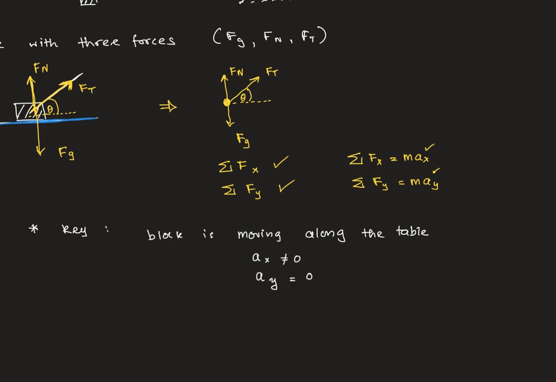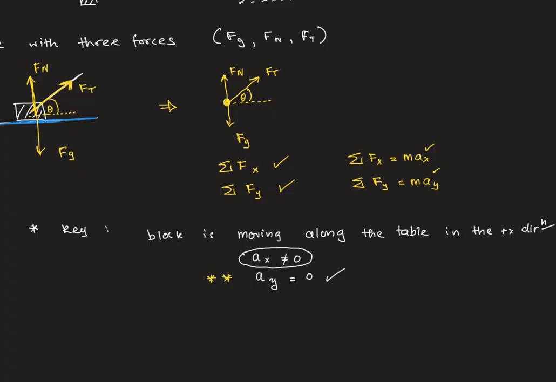Let me put it in a better way. The block is moving along the table in the positive x direction. In that case, the acceleration along the x direction can be a non-zero value if it is speeding up, but definitely there is no y component for the acceleration, because clearly the problem says the block is moving along the table. So this is a key point to remember.